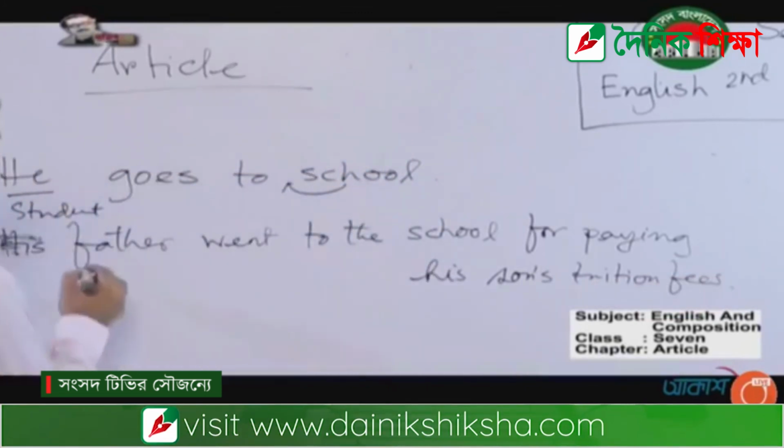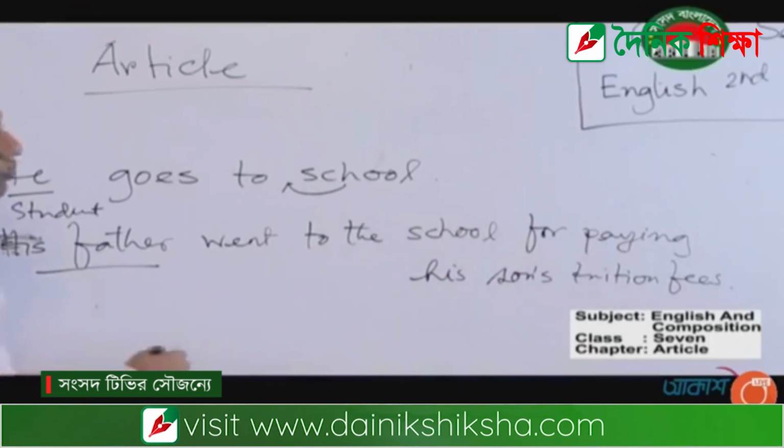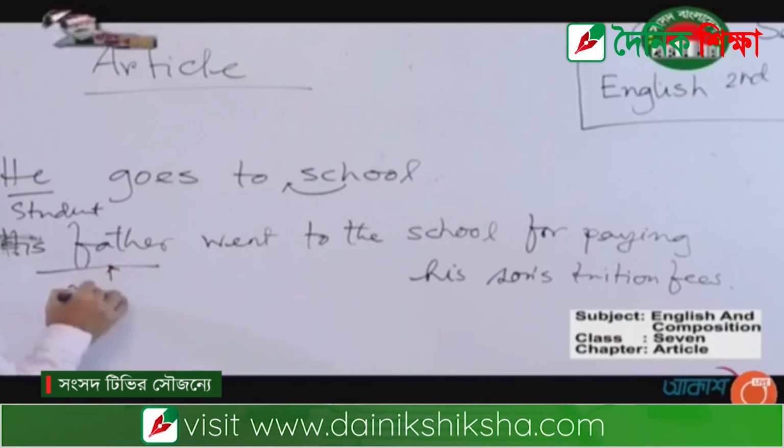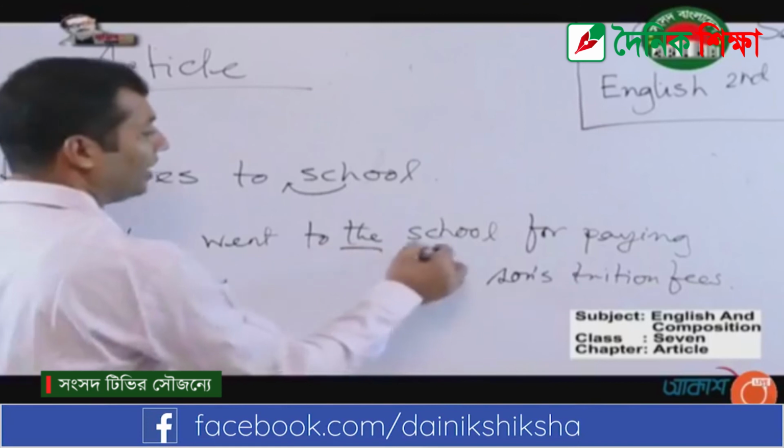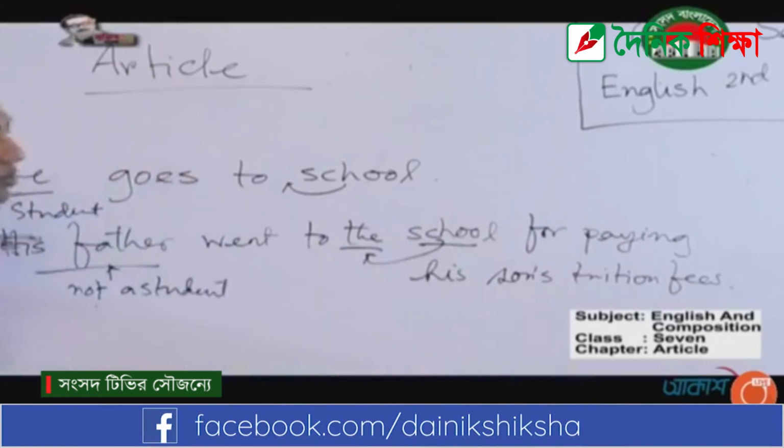So look here, his father's primary purpose is not to go to school for study. This is his secondary purpose. So he is not a student. So here you need to use the article the before the noun.